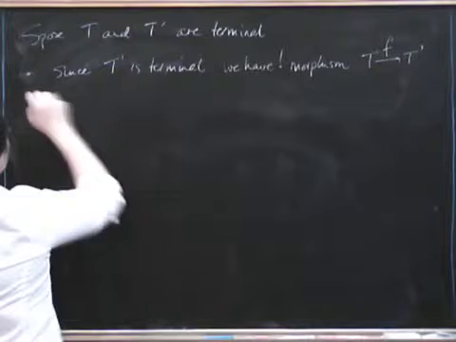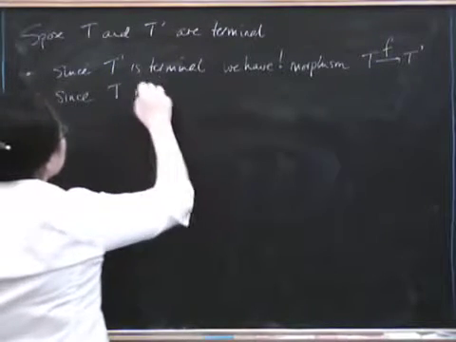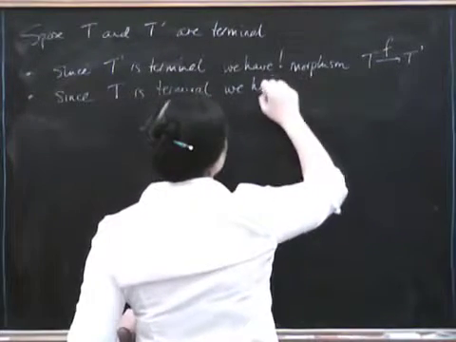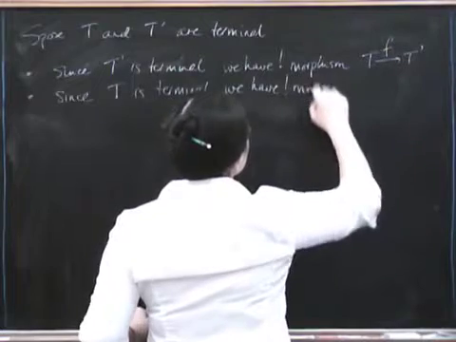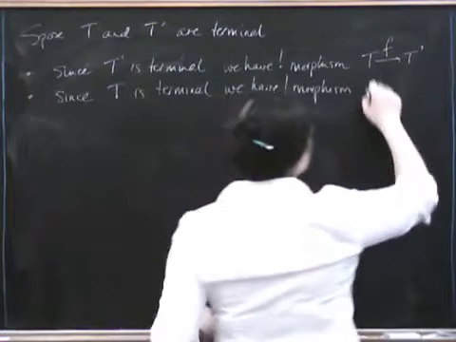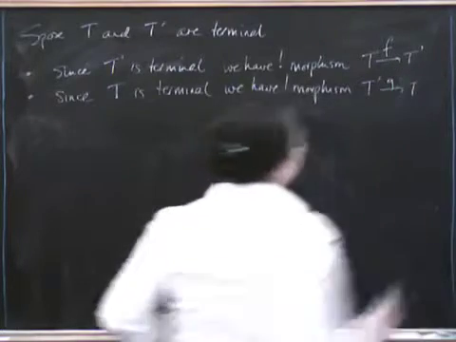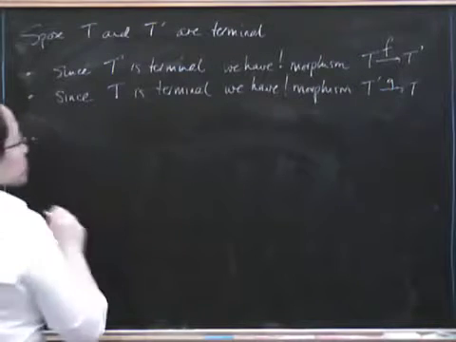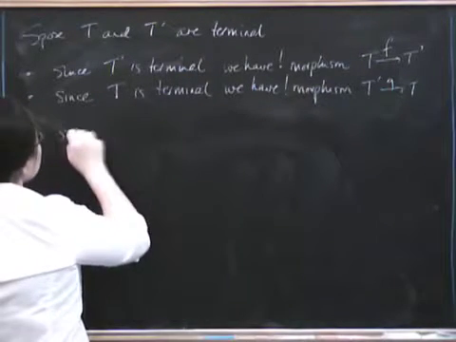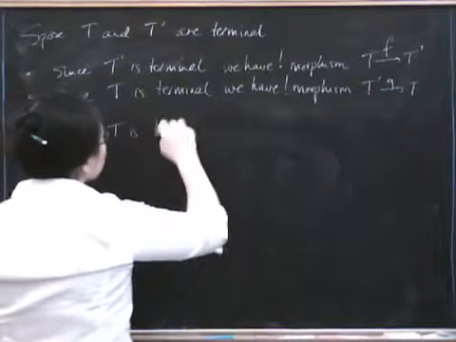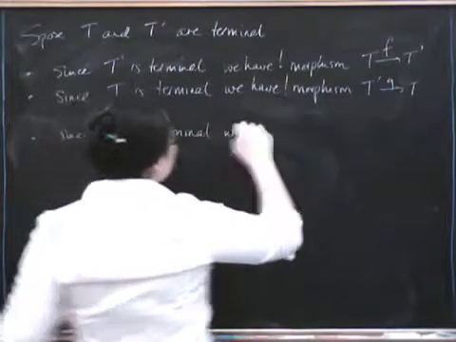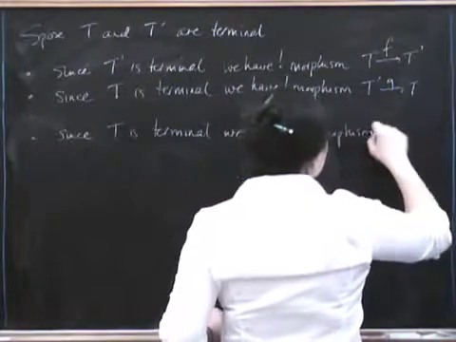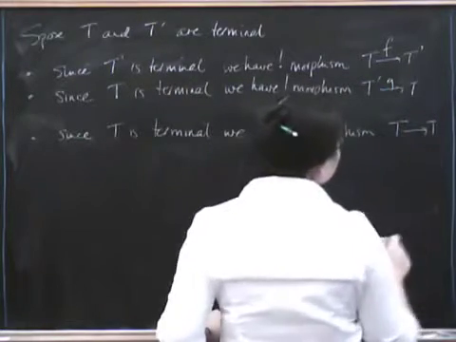But since T is terminal, we have one going in the opposite direction. We have a unique morphism from T prime to T, and we can call that G. And now the idea is to show that F and G are inverse to one another. So now, since T is terminal, we also have a unique morphism from T to T, and it's the identity.